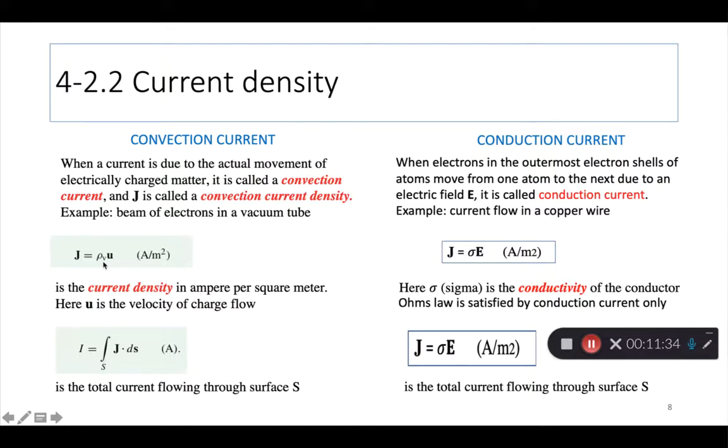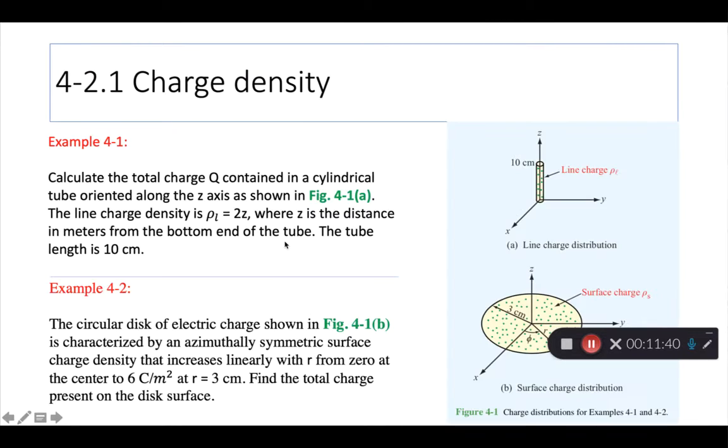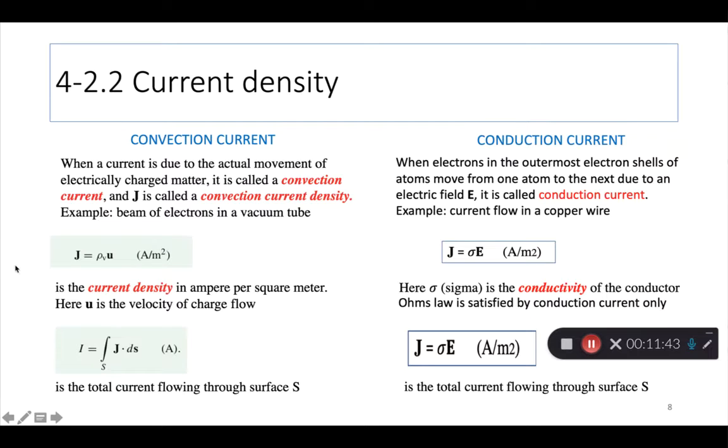So this rho v, as we saw from the previous slide, is the charge density. So the charge density times velocity gives you the current density. And then once you know the current density, which is amps per square meter, if you want to find the total current flowing across a surface, then you integrate over the area of the surface, J dot dS, and you get the total current. Okay.